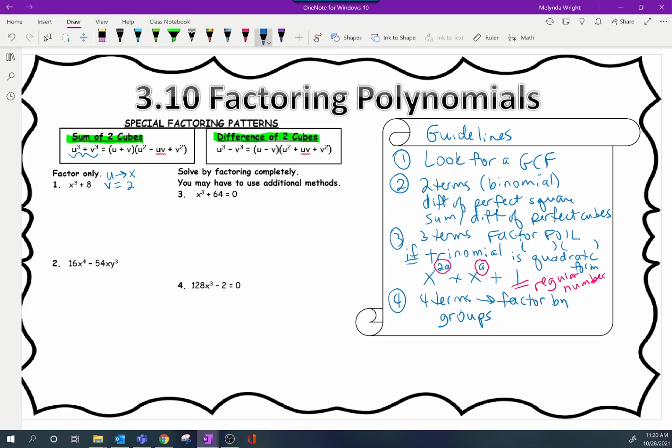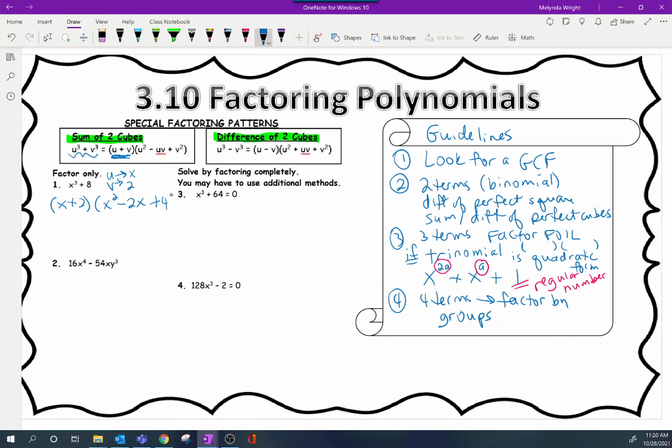Then we're simply going to substitute those values into the factoring pattern. So we have x plus 2, that matches u plus v. Then we have x squared minus u times v, 2 times x, plus v squared, which is 2 squared, 4.